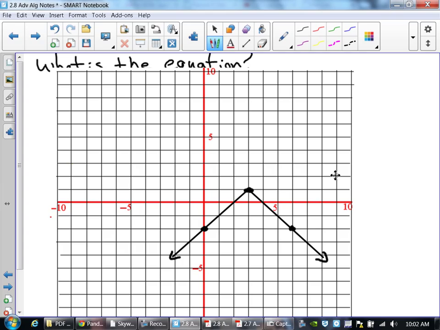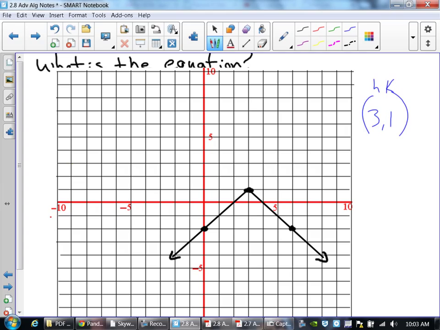So if I'm looking at that, the first thing you always want to try and do is identify your H and K. Where's the center located? 3, 1. Yeah, it's at 3 and 1. So the center's at 3 and 1. That's H. That's K. Is it opening upward or downward?